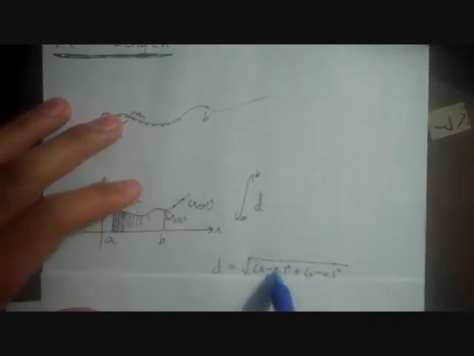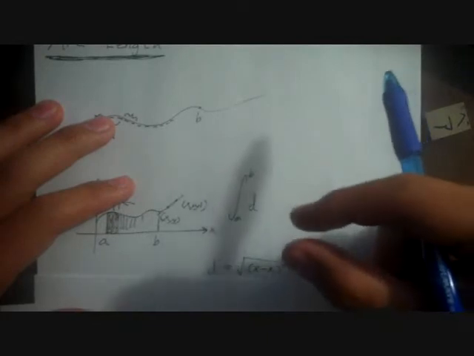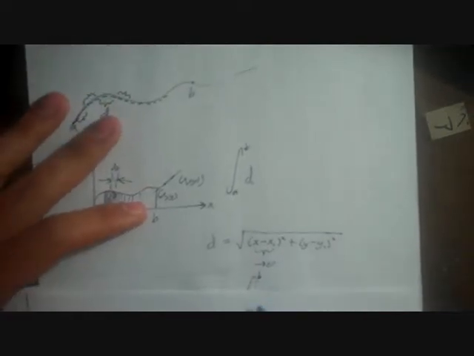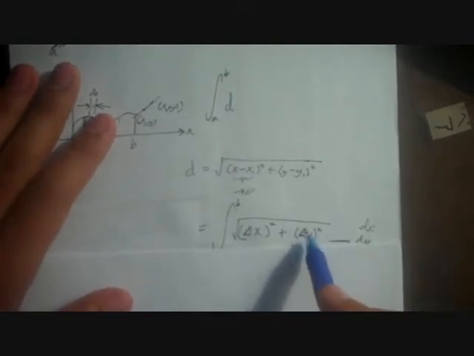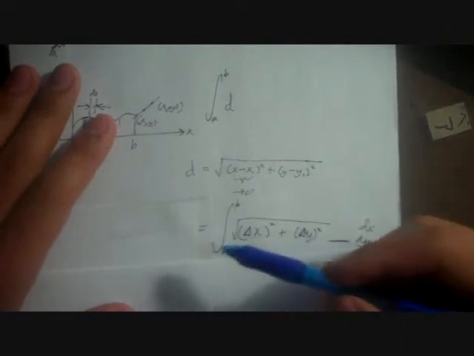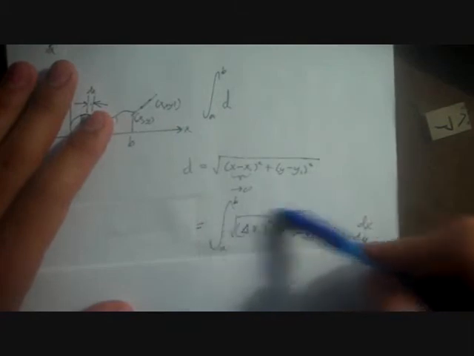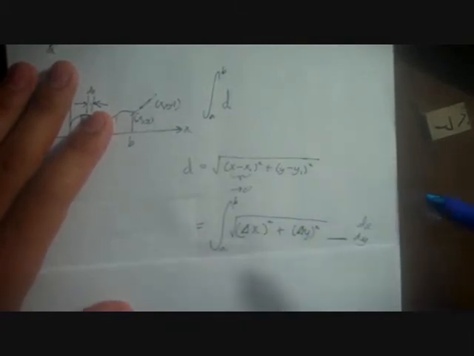So their difference in x is going to be infinitely small, and the difference in y is going to become, again, infinitely small. In calculus, we call that infinitely small distance delta x, and the same in the y direction, delta y. So we'll take the definite integral from a to b of the square root of delta x squared plus delta y squared.